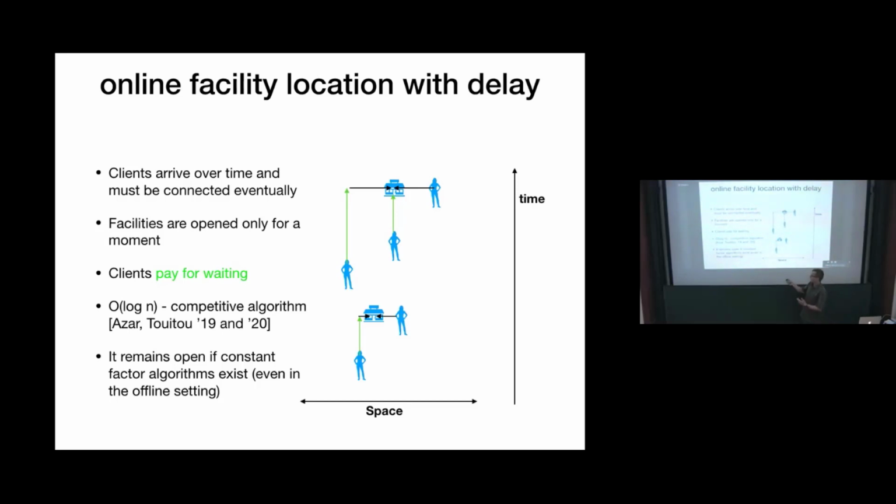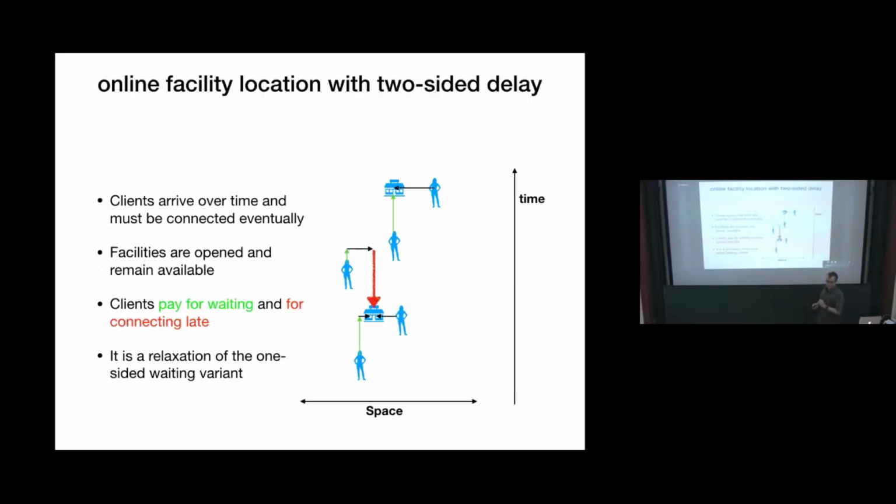And as I told you, here we have logarithmic competitive algorithms. And now I will depart from this model to make it slightly easier because I want to do something with constant factor. So I will show you that we can do a constant factor competitive algorithm, but for a slightly modified model.